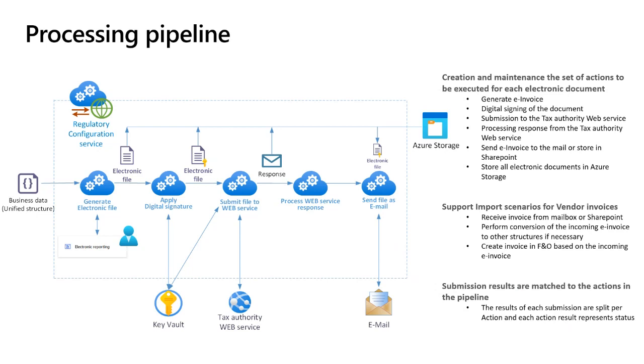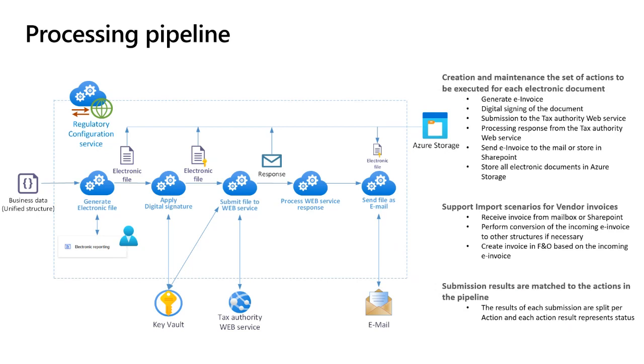The next step in this example is the generate electronic file action, which understands to what format the incoming data should be converted and picks the necessary latest electronic reporting format to do this transformation. The resulting file is then stored to Azure storage.